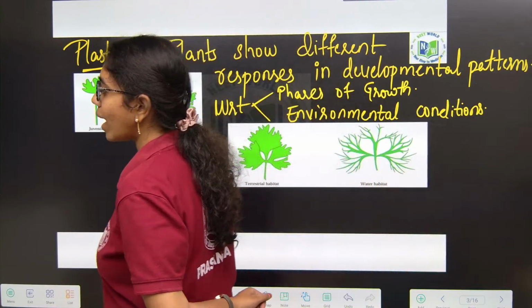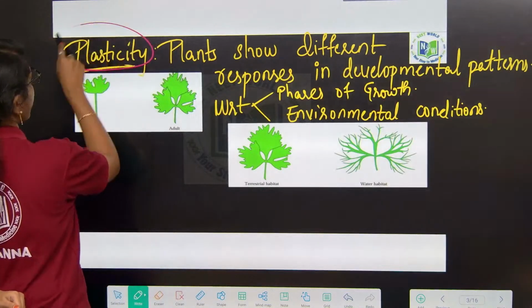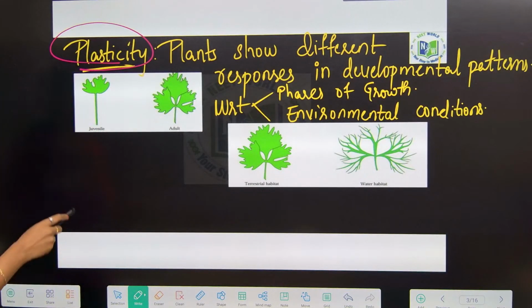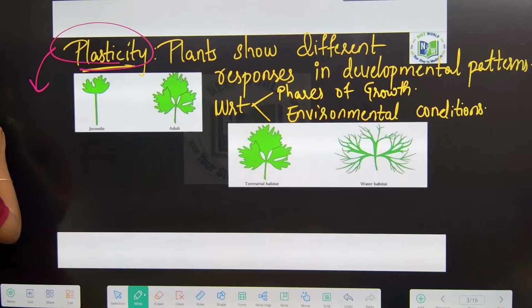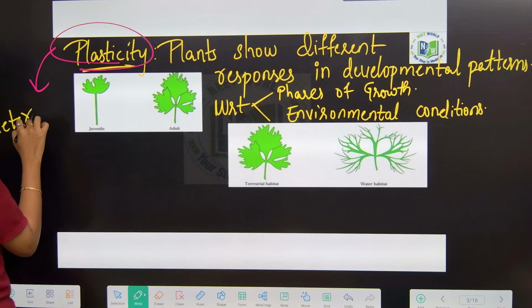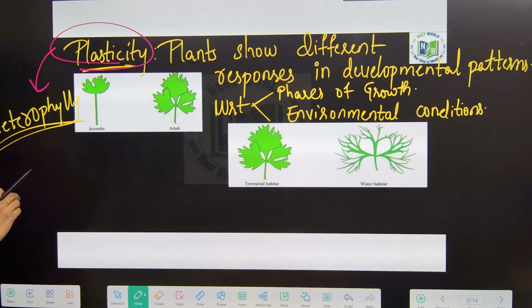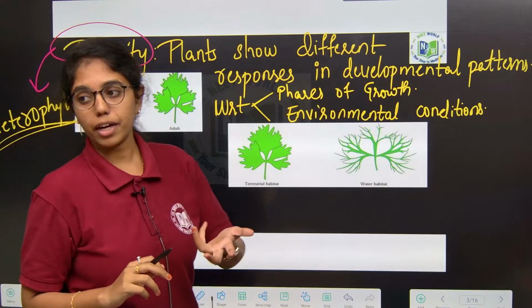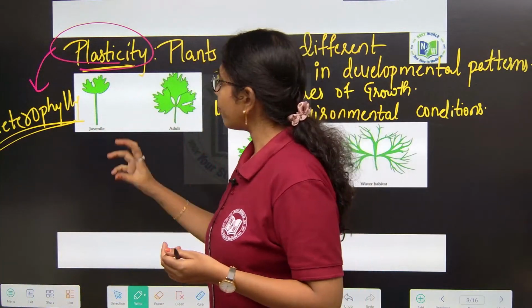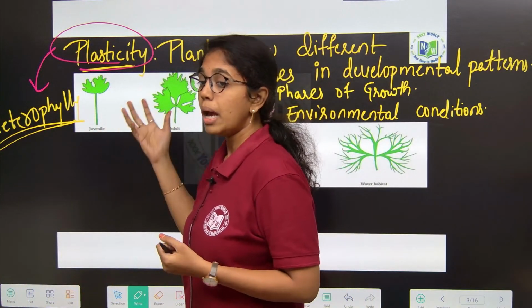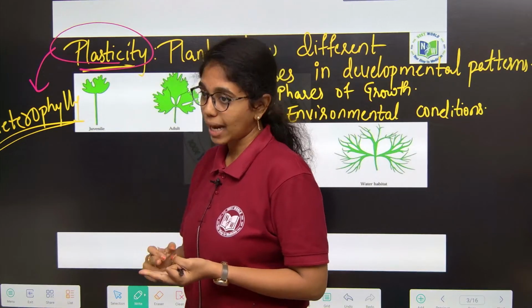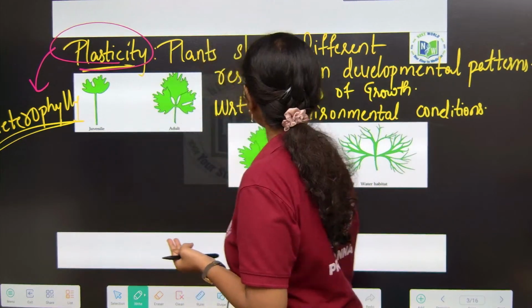So, the best example of plasticity you can consider is what? Heterophily. Heterophily is one of the examples of plasticity, wherein hetero means different, phily means leaf structures. Different leaf structures are shown by cotton, coriander and larkspur based on the phases of life.